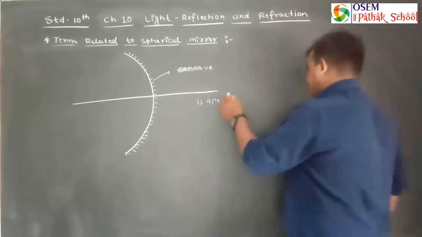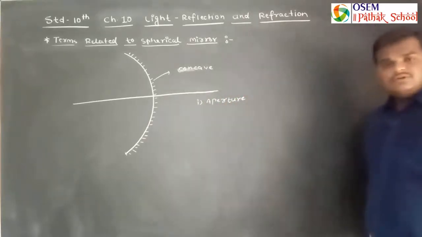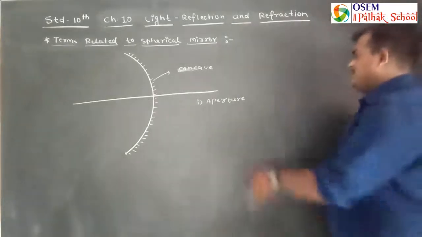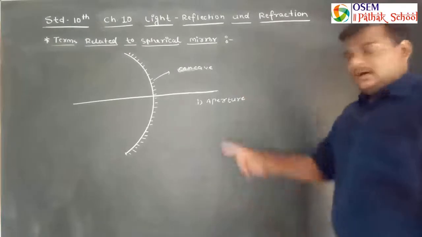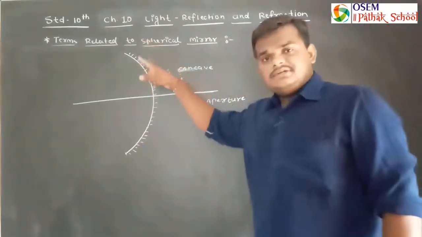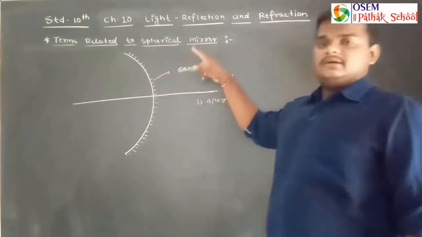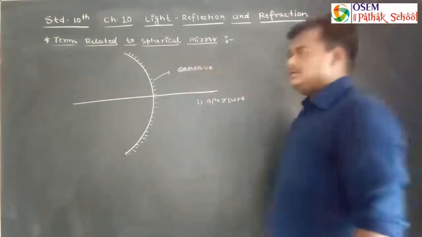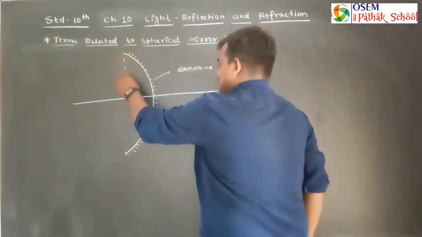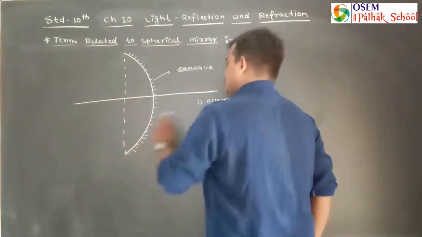A-P-E-R-T-U-R-E, aperture of mirror. So what is the aperture of a mirror? Aperture can be defined as the outer diameter of the spherical, concave or convex, mirror. This linear distance from here to here is the diameter of a spherical mirror.